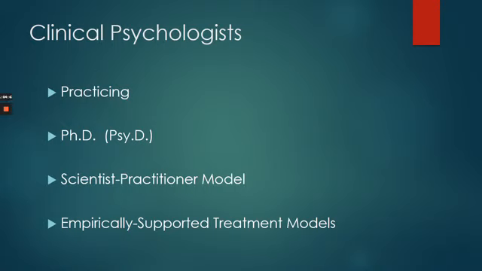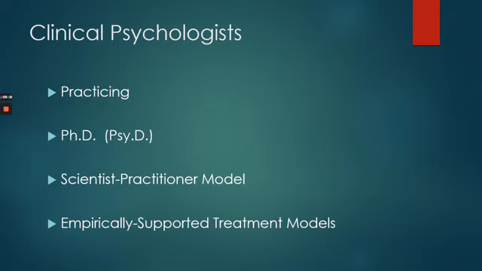There are people with master's degrees who can also become therapists, depending on the state laws. But when you're a clinical psychologist and you get a PhD, they use this thing called the scientist-practitioner model. As I mentioned earlier, even if you're a therapist, your techniques and your approach to your client should be informed by research. If it's not, you're just doing things that you learned in the textbook 10, 20, or 30 years ago.